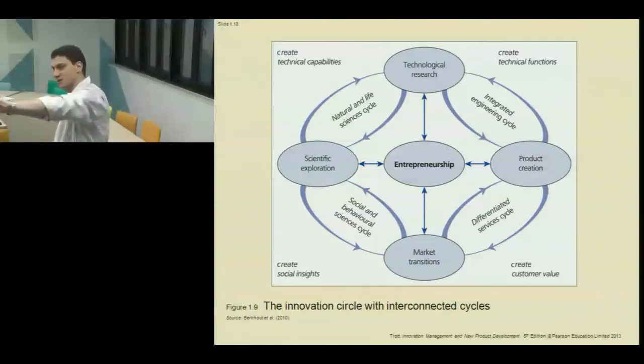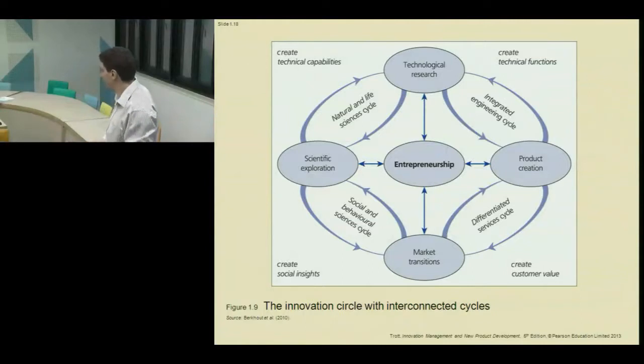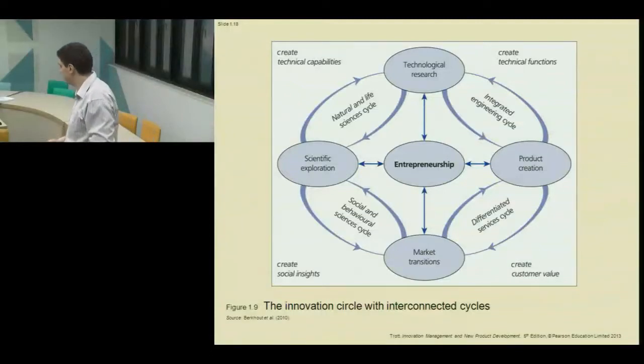So if you see the different cycles, you combine all those four in order to become entrepreneurial and develop a new model that will sustain and help the company grow.